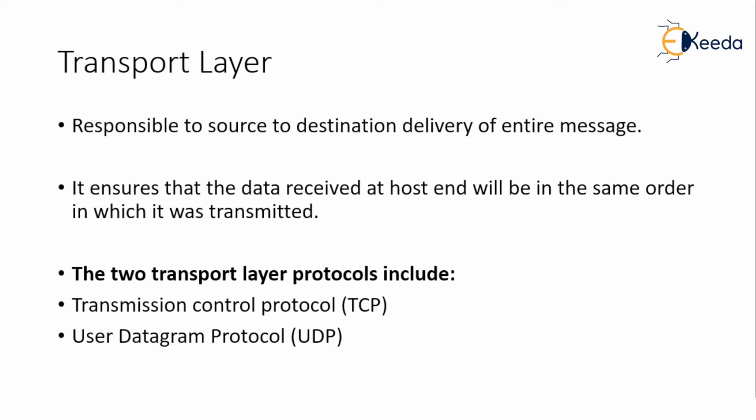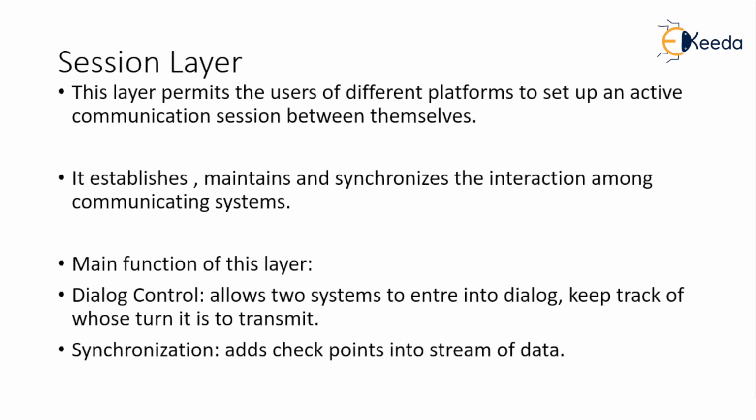The UDP protocol, user datagram protocol, is a connectionless protocol, but it is sometimes considered as an unreliable protocol because once the data is transmitted between the hosts, the receiver does not send any acknowledgement of receiving those data packets. That's why it is sometimes considered as the unreliable protocol.